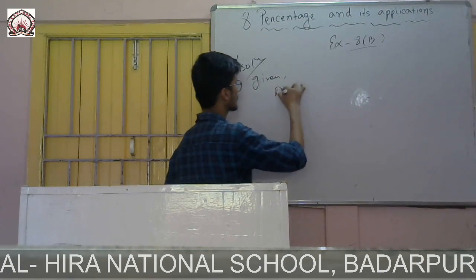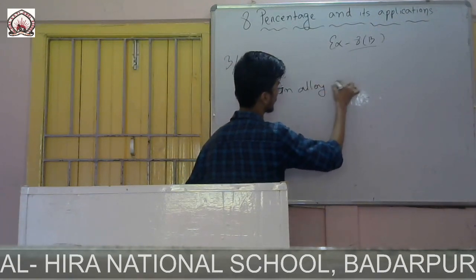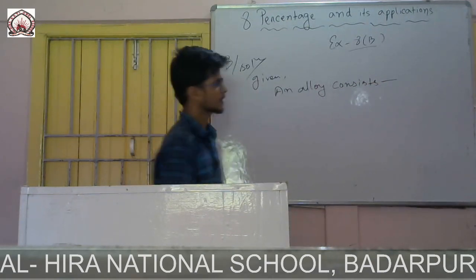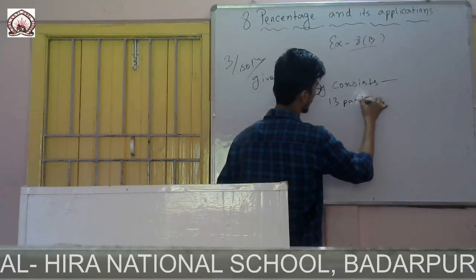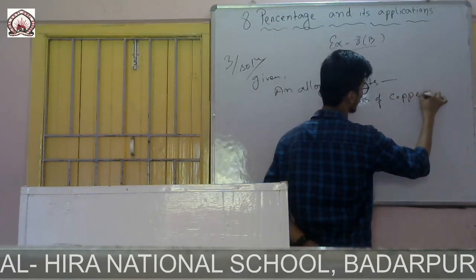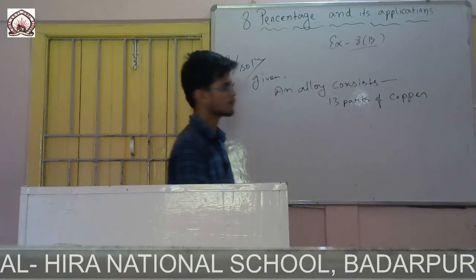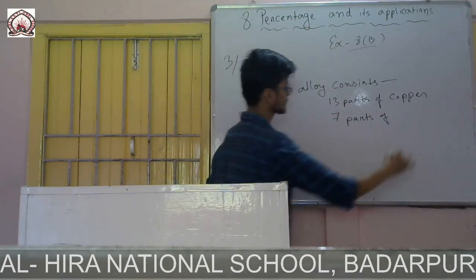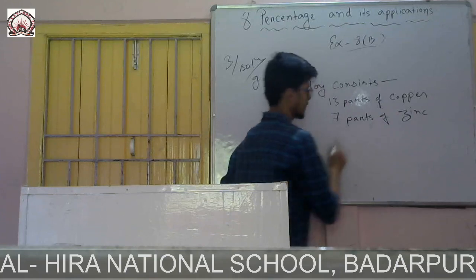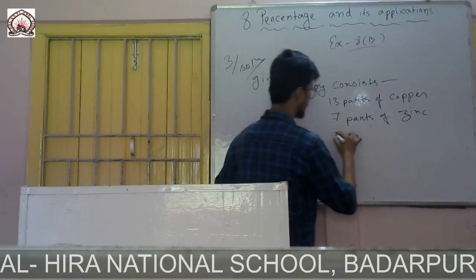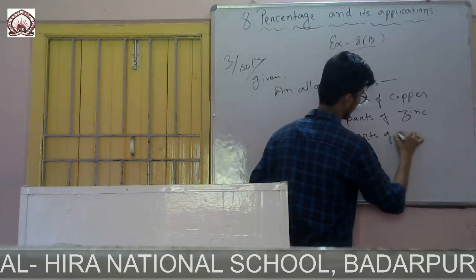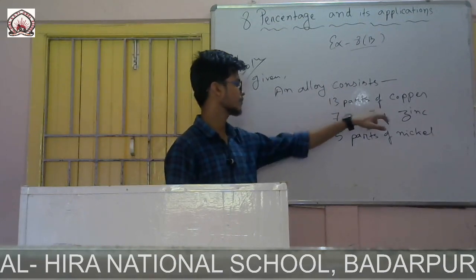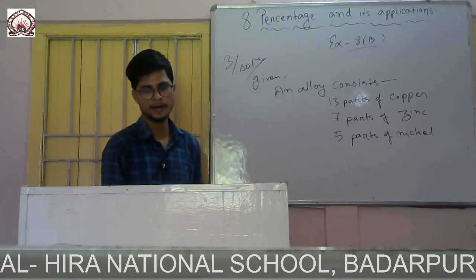An alloy consists of 13 parts of copper, 7 parts of zinc, and 5 parts of nickel. So an alloy consists of 13 parts of copper, 7 parts of zinc and 5 parts of nickel.